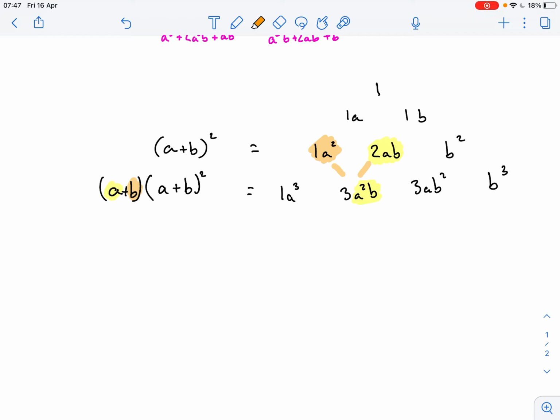Okay, let's have a look at it one layer down. So let's think about a plus b times a plus b cubed. Remember this row up here is a plus b cubed. If I think about my a to the 4 term, that's only going to result by a timesing this a cubed term. So again we'll end up with 1a to the 4.